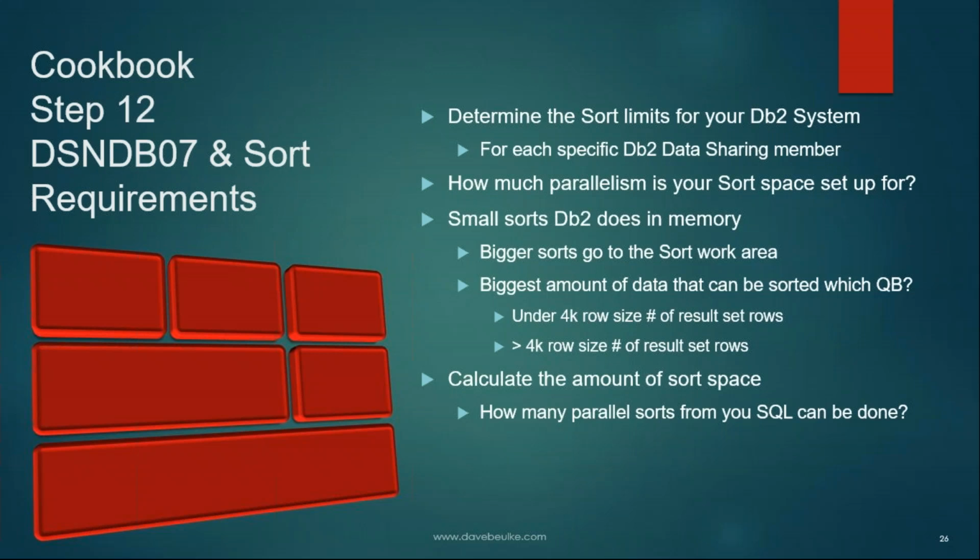And what you want to do is, when you explain your SQL and when you have subqueries or left outer joins, and you have them associated with the parallel partitioning scheme that you've got, you can get massive parallelism within your sorts that are within your query block.